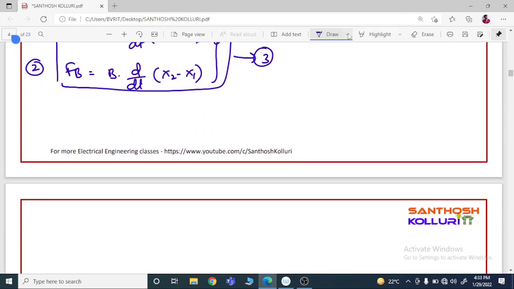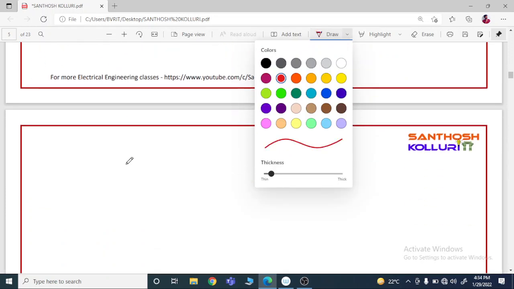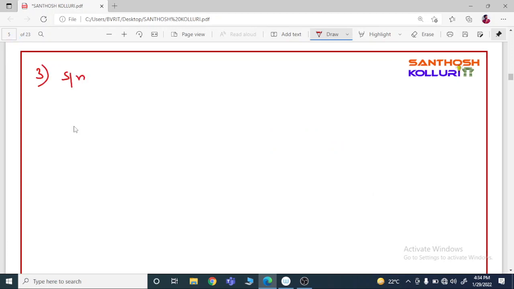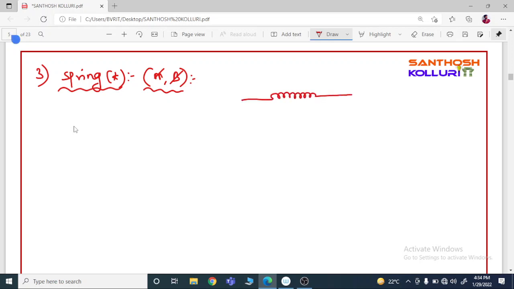Similarly, the third one is the spring constant K. As in the previous cases, consider an idealized spring of negligible mass and negligible friction.